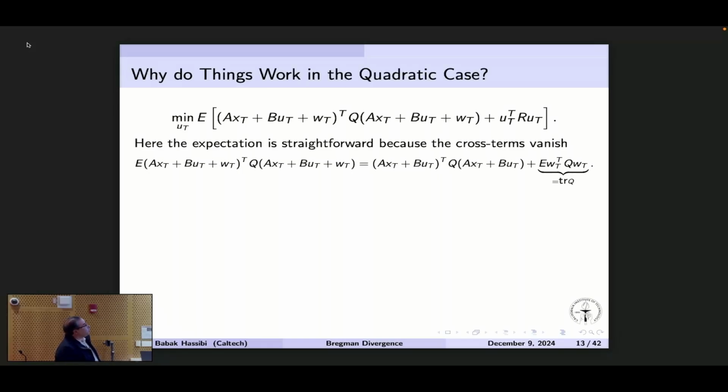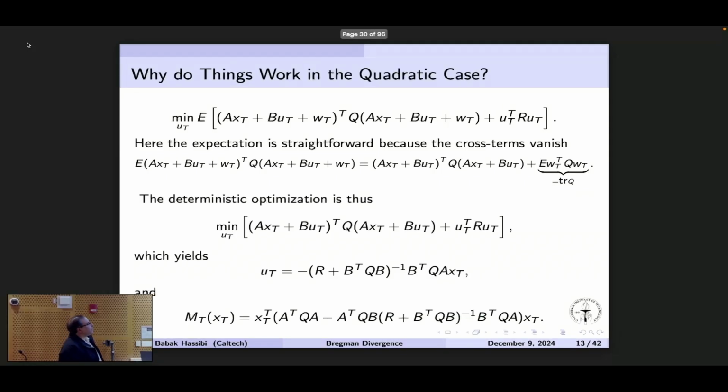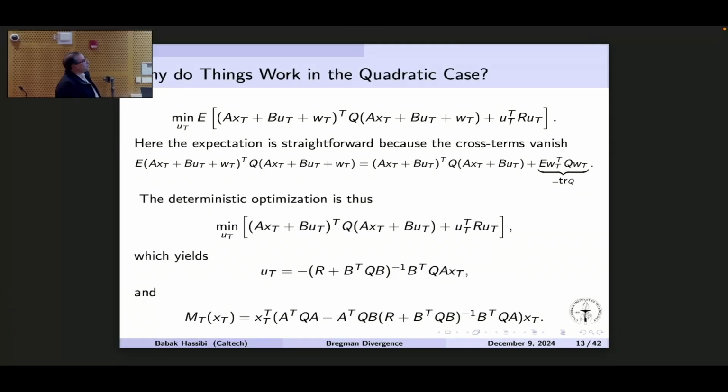Okay? So the important thing is when things are quadratic, this expectation is trivial, and essentially it amounts to dropping W. This is the term that matters. And so your optimization now is just a simple quadratic optimization. You can take derivatives or complete squares or whatever. You get a control law, which is now linear in the state. And then you can plug this back into here or do Schur complements or whatever your favorite method is.